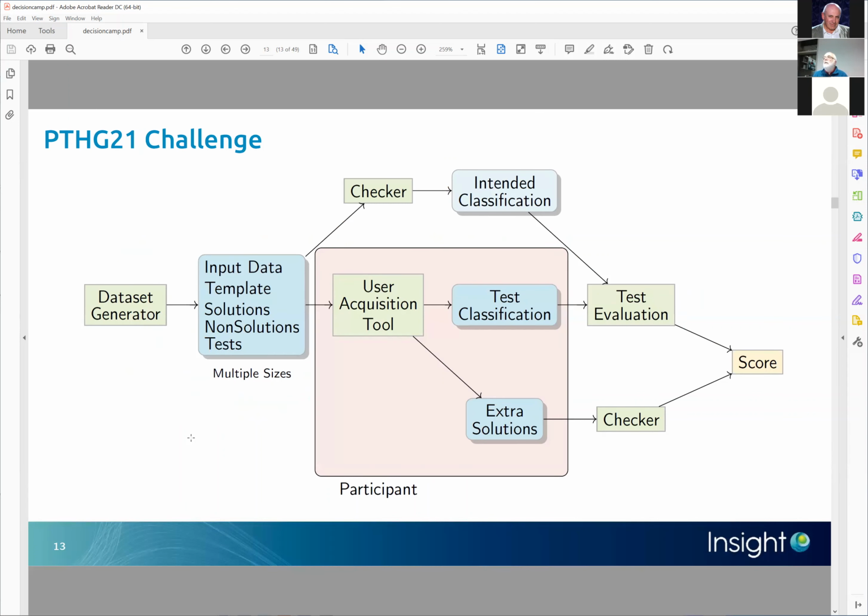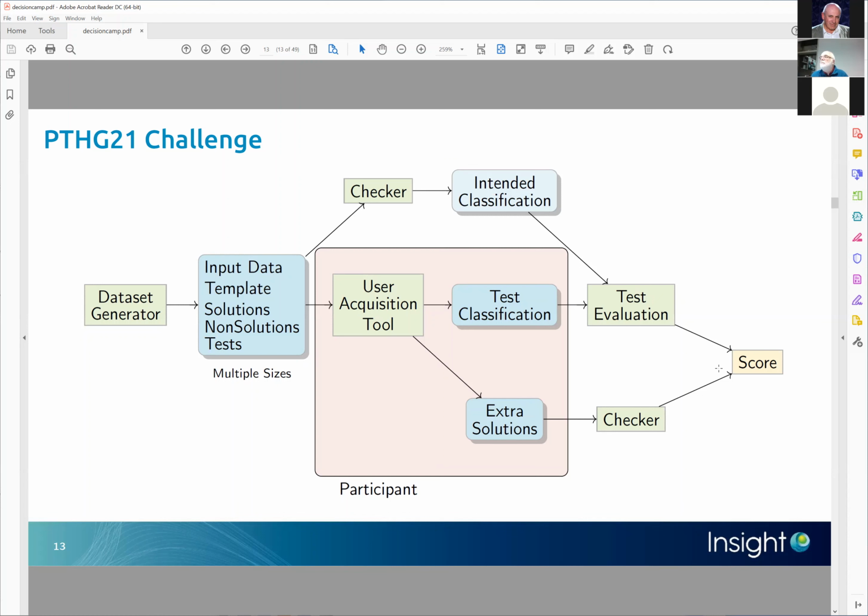And in the challenge, we basically provided a number of these scenarios, 15 instances, and the user basically then has to do the constraint acquisition and solve some classification questions that we were asking, and/or can provide extra solutions, which basically are solutions that are not in the examples that were given.